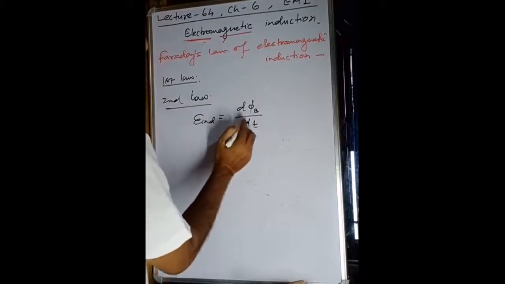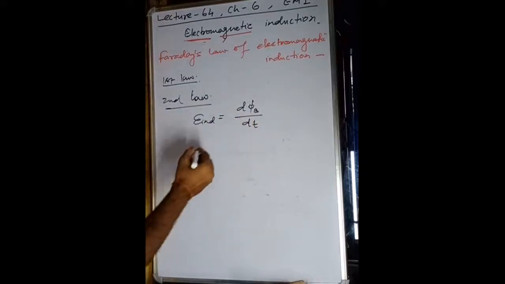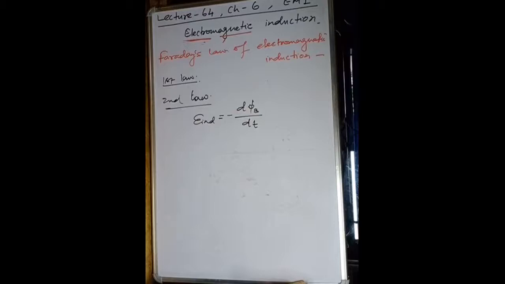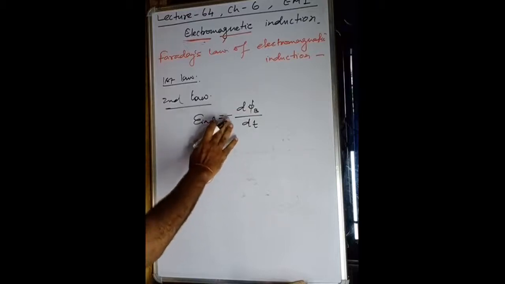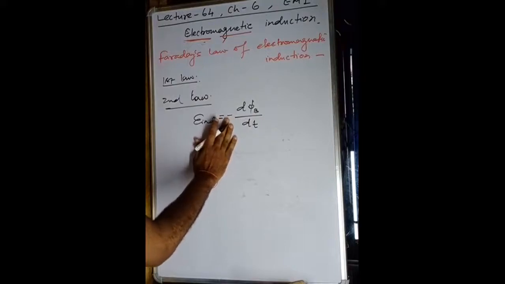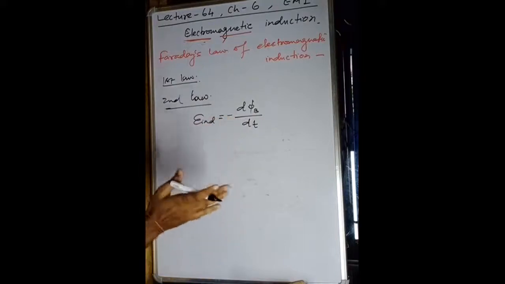Magnetic flux we are talking about, so here phi B, and here a negative sign was taken by Faraday. We will study the meaning of this negative sign also, but this was well explained by Lenz in the Lenz law.